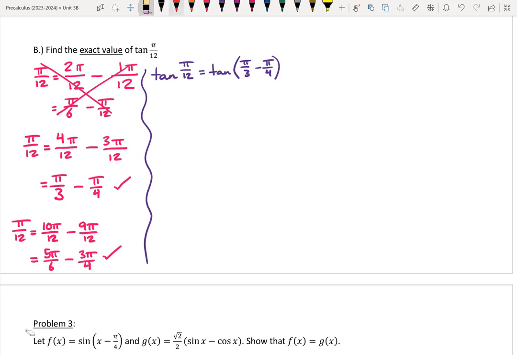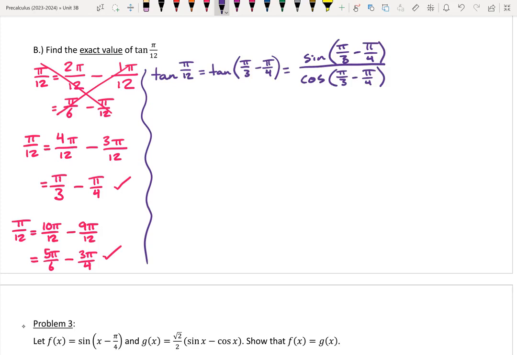So instead of using a tangent formula, I can think of this as a sine divided by cosine formula using our quotient identity. So we're using two identities combined into one. This is why I didn't give you the tangent, because we can just use the quotient to find the tangent.